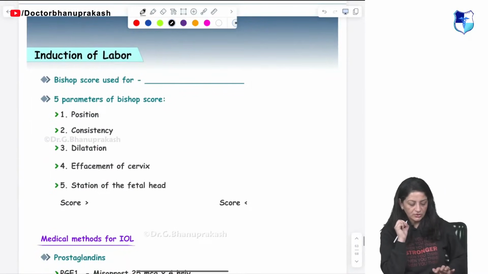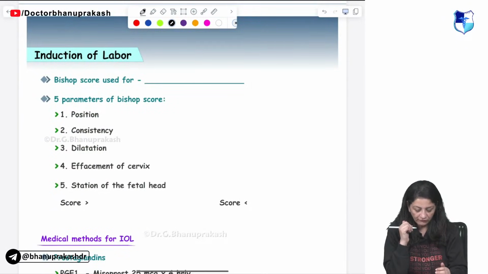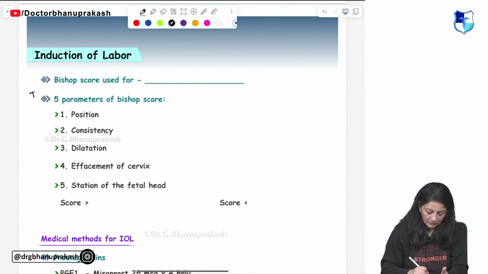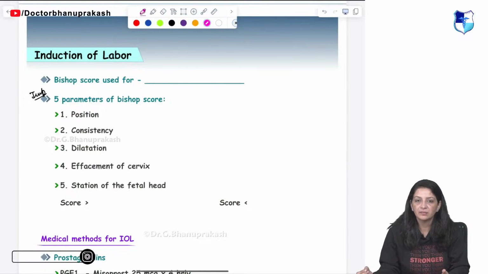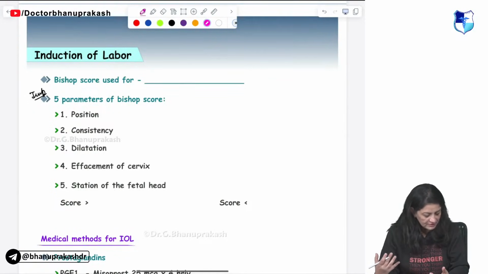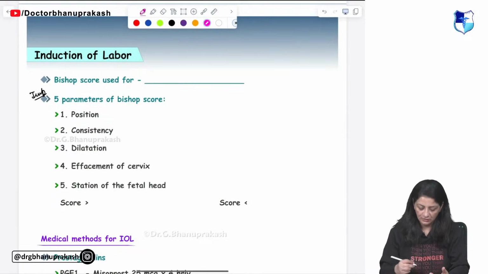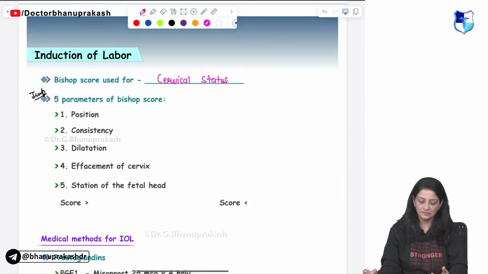So now the next topic is induction of labor. Bishop score, important. Bishop score is used for induction of labor to check the status of the cervix.